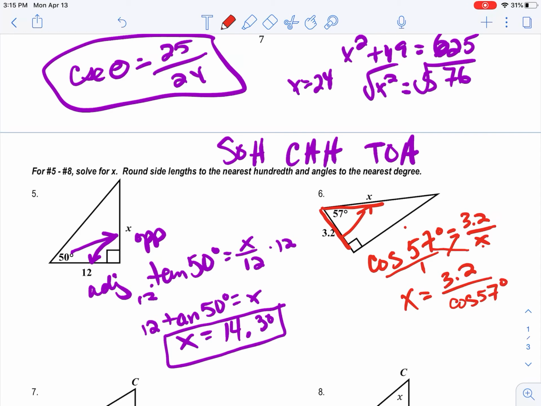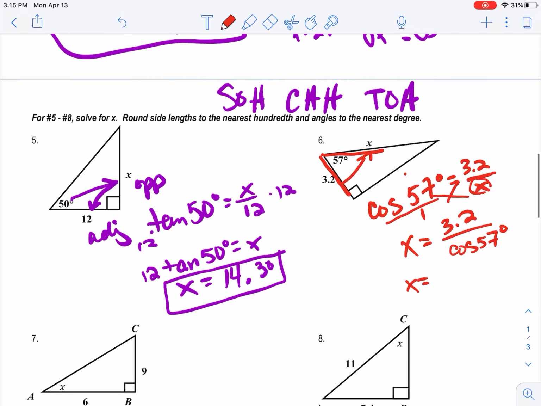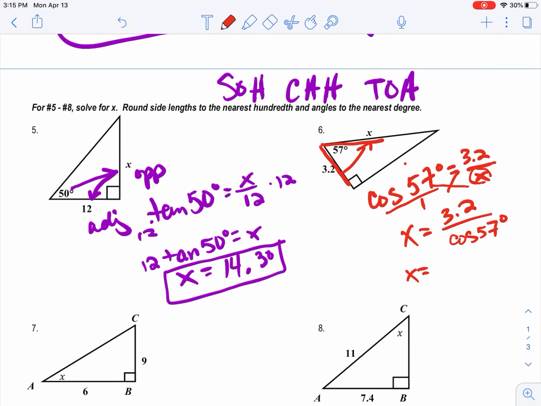I always think of it as if I have to divide over here, then my answer will have to be division. So now I have 3.2 divided by the cosine of 57. This is not inverse. Inverse is when you're solving for an angle. This is just 3.2 divided by cosine of 57. And we get 5.875. So that would be 5.88 for that.